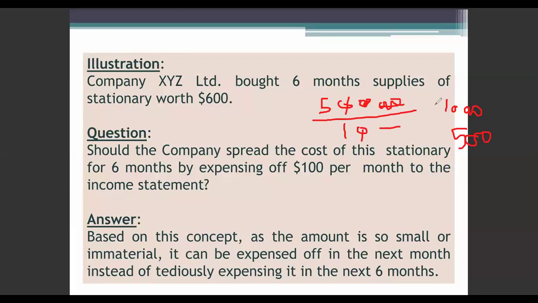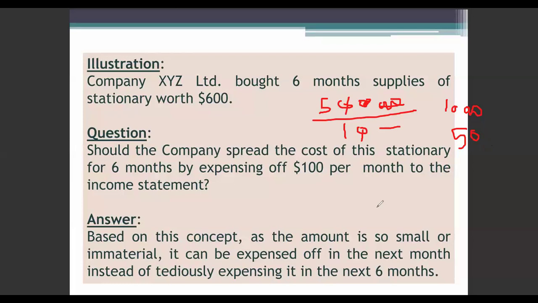Sorry, 5 lakh divided by 10,000 is 50 years. So my asset has a life of 50 years, and now I can break down the depreciation over 50 years.